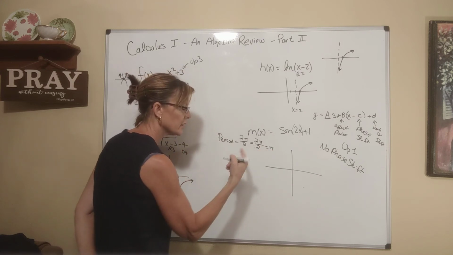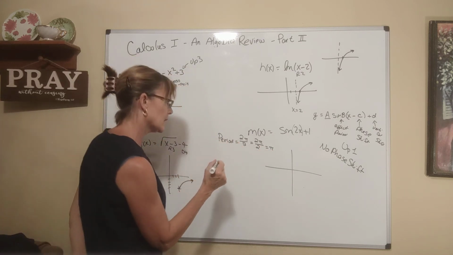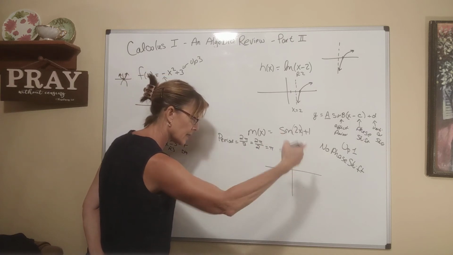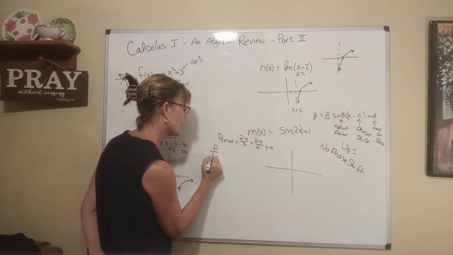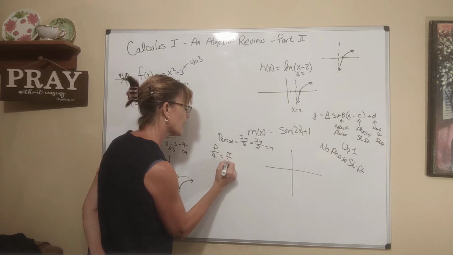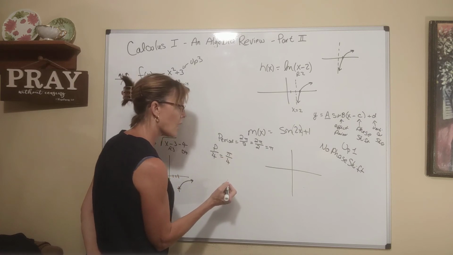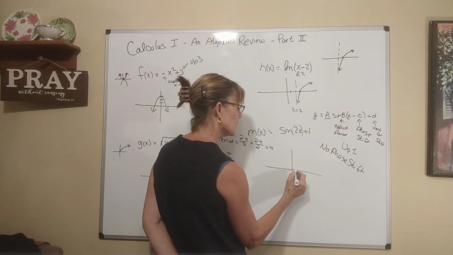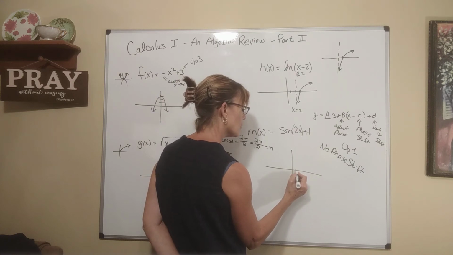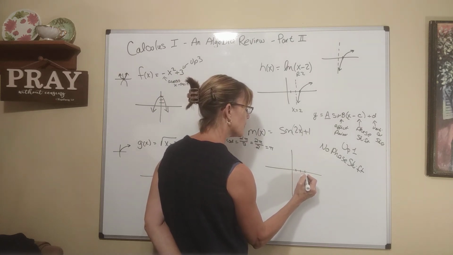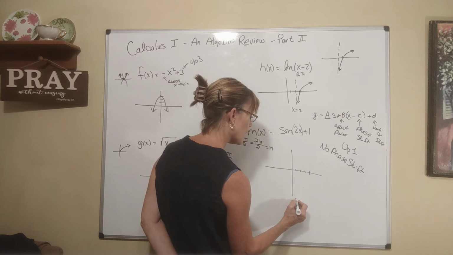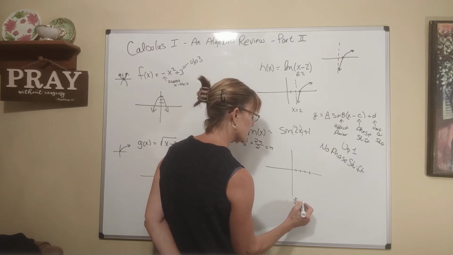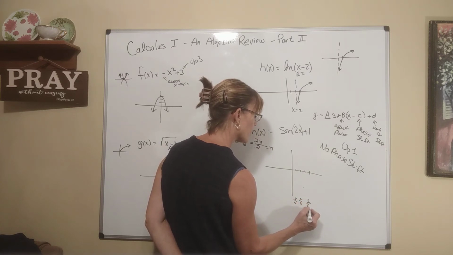So then the intervals that we're interested in marking on our x-axis will always be the period divided by 4, or pi divided by 4. So let's just see here. This is 0. I'm going to go to pi over 4, pi over 2, 3 pi over 4, and pi.